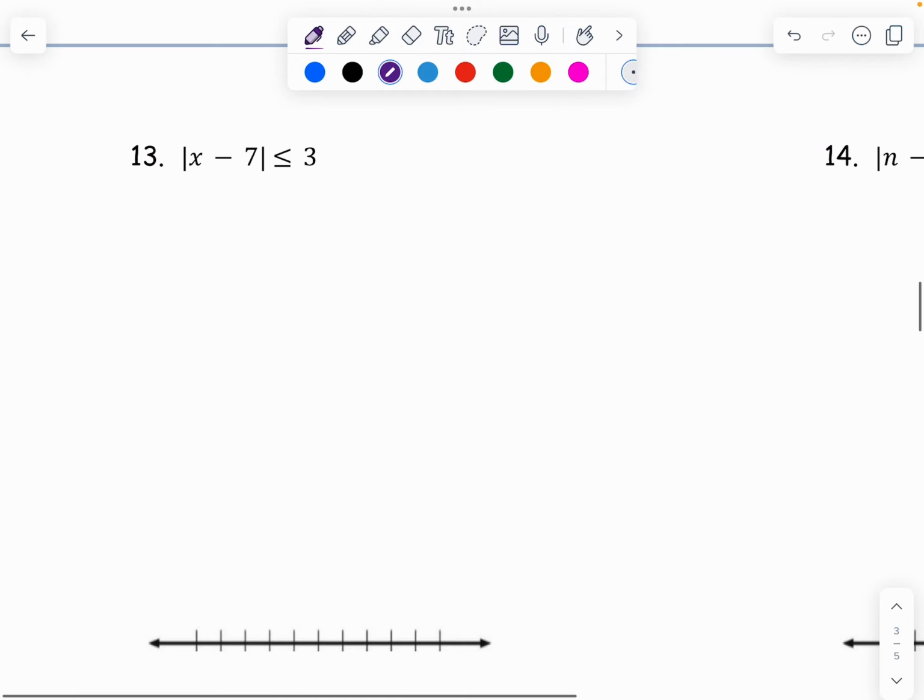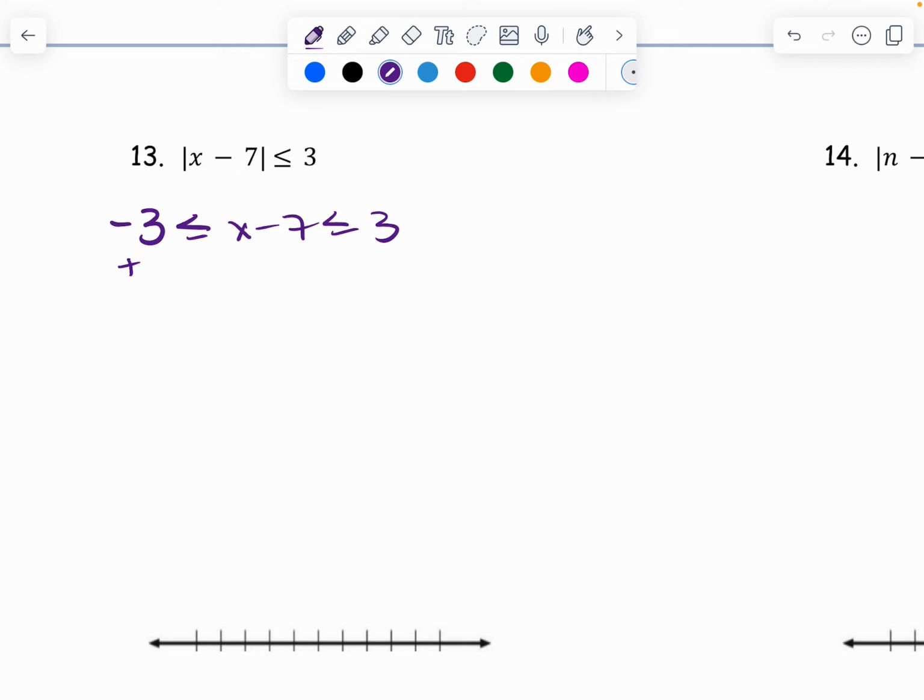Okay, this one. Less than, so this is going to get me negative 3 less than or equal to x minus 7, less than or equal to 3. Add 7, add 7, add 7. I get 4 less than or equal to x, less than or equal to 10.